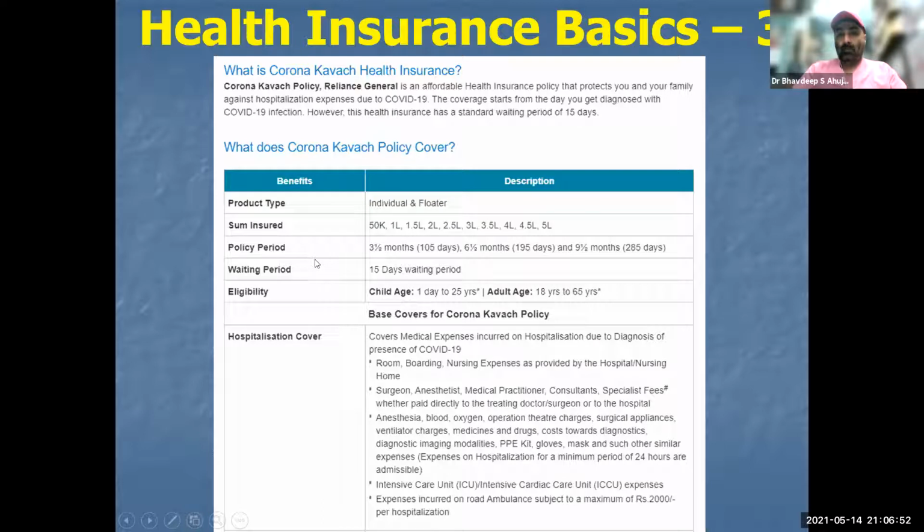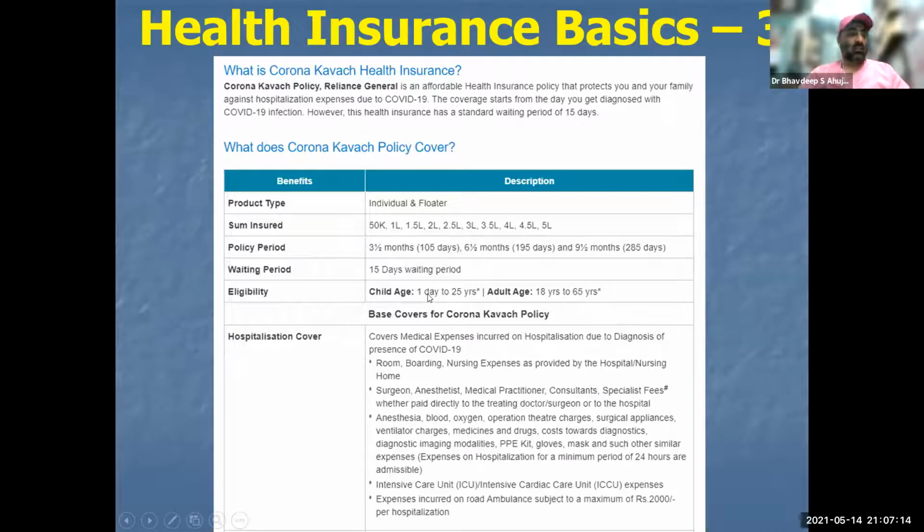Sum insured ranged from 50,000 to 5 lakhs. The policy period was 3.5 months, 6.5 months, and 9.5 months, which came in days as 105 days, 195 days, 285 days. A 15 days waiting period was there. Eligibility was 1 day child to 25 years, or adult 18 years to 65 years.